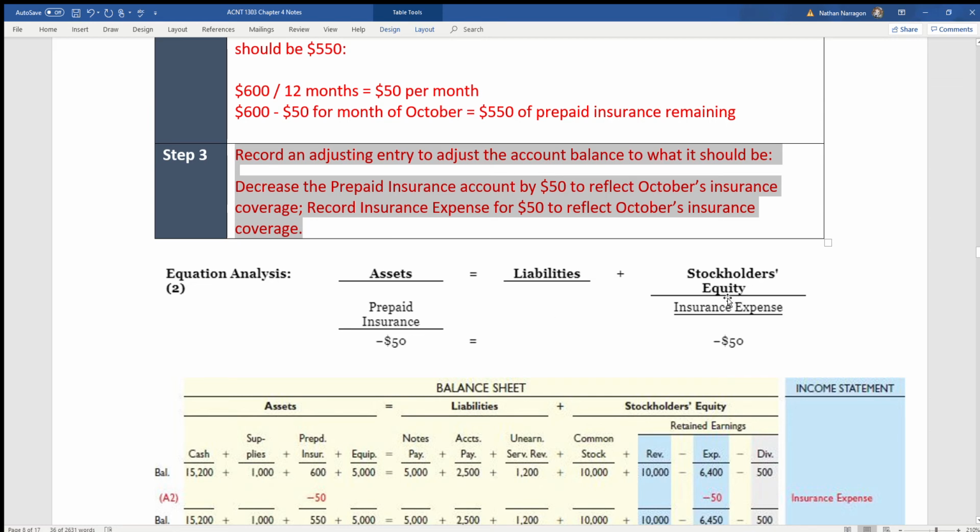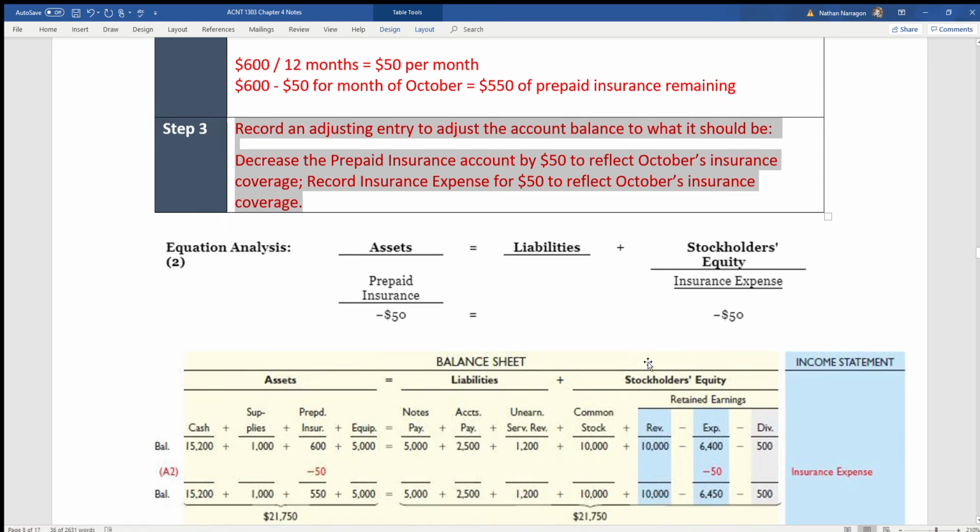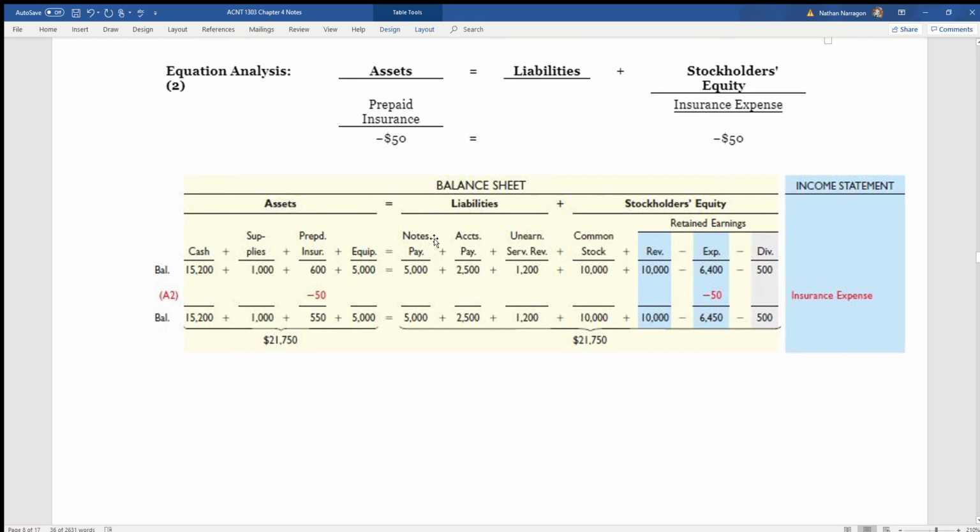So prepaid insurance, insurance expense. And then right here is our adjustment number 2. Again, this already has adjustment number 1. So there's the 1,000 on supplies. Here's now our balance for prepaid insurance at $550, and then our expense being affected over here.